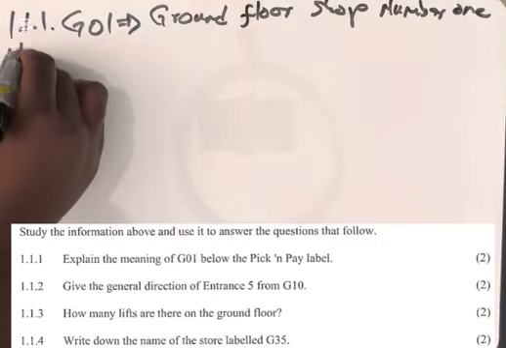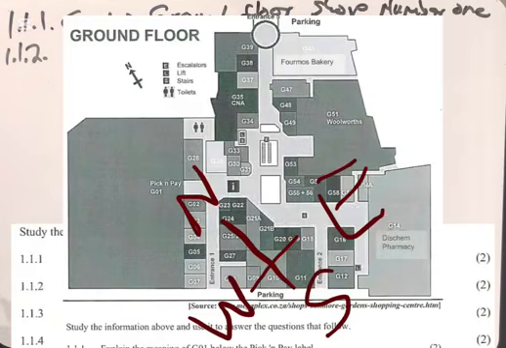Moving to the next question, 1.1.2. Give the general direction of entrance 5 from G10. So what happens, we go to G10 and draw our compass direction at G10.